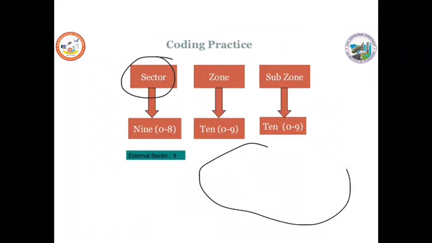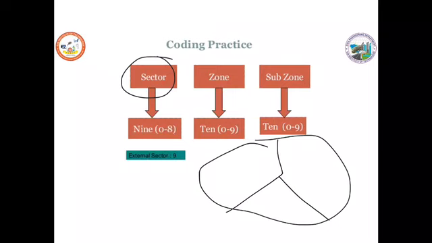The sectors will then be subdivided into zones, and if the study area is still very large, the zones will be divided into still smaller areas, which we call subzones.